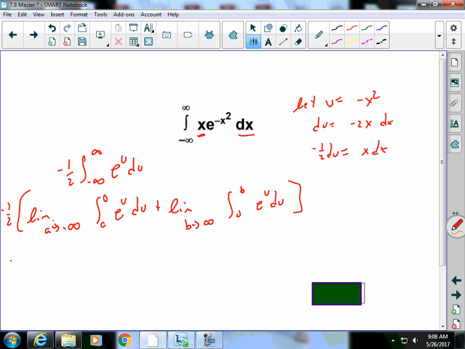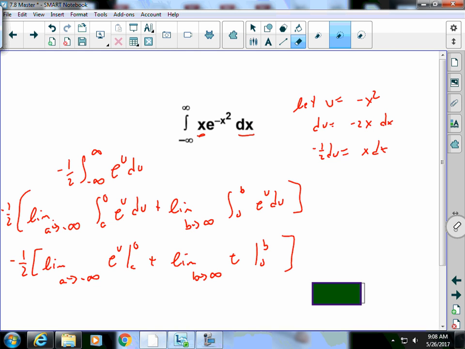I can integrate it now. It's the limit as a approaches minus infinity of e to the u from a to 0 plus the limit as b approaches infinity of e to the u from 0 to b. But instead of u, I can make it minus x squared, so I'm going to change that right here.